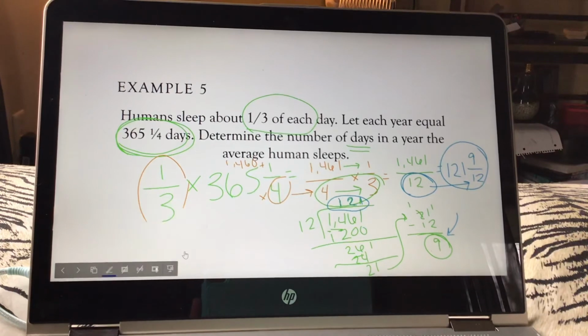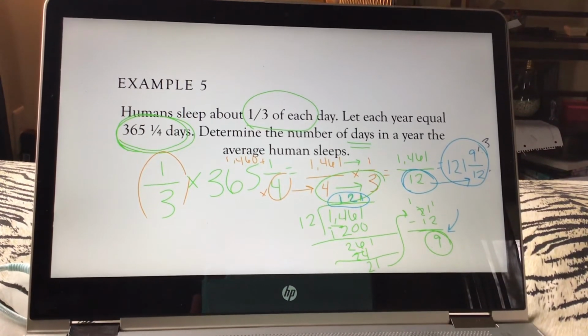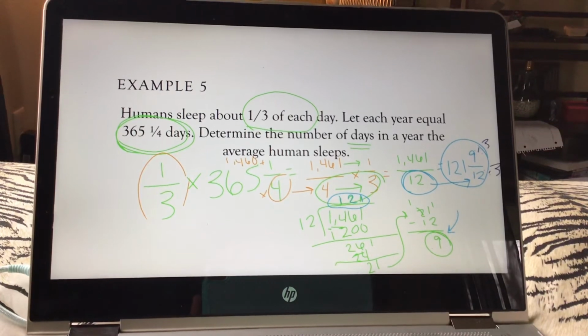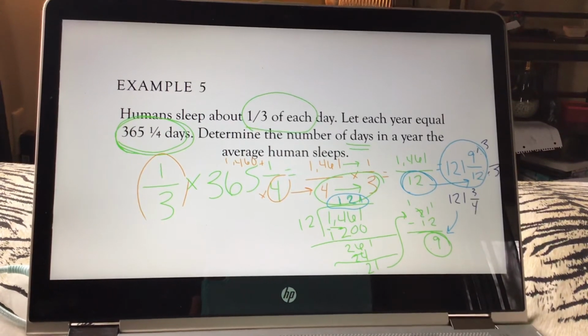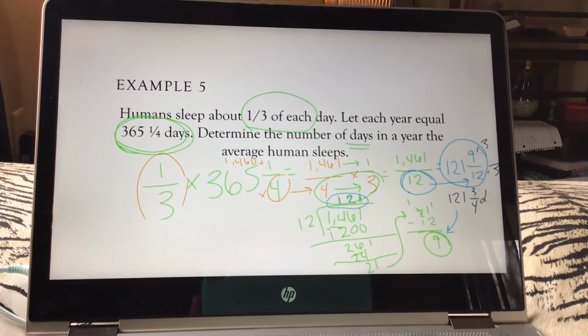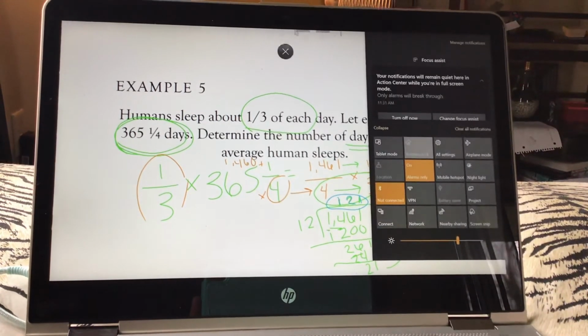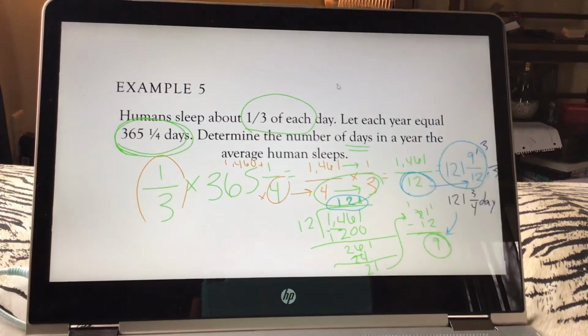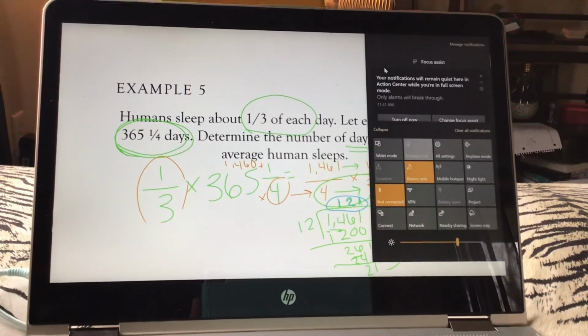What can I simplify by? Let's divide by 3. We have 121 and 3/4. That is the average number of days in a year the average human sleeps. Alright. Sorry about that.